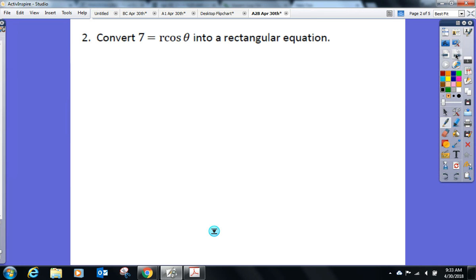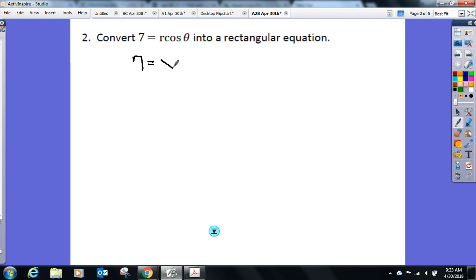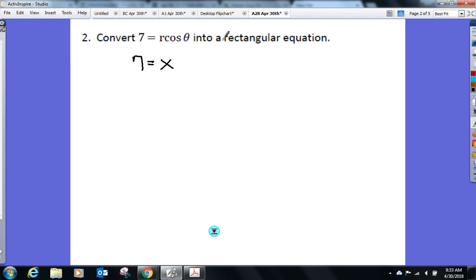All right, here you go. 7 equals r cosine theta. I think we're almost done here. Anybody see anything familiar up there? R cosine theta in rectangular is what? So what can I change this to? 7 equals x. Anybody see any thetas or r's there anymore? I don't.